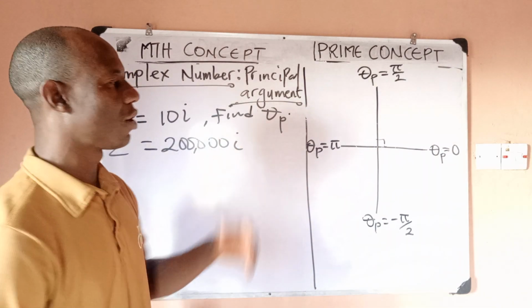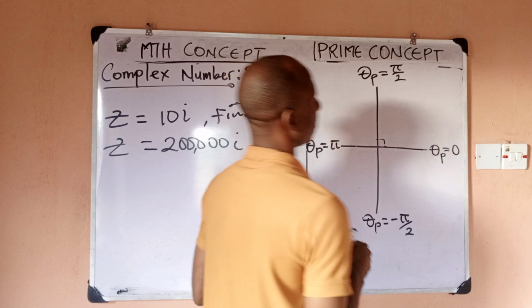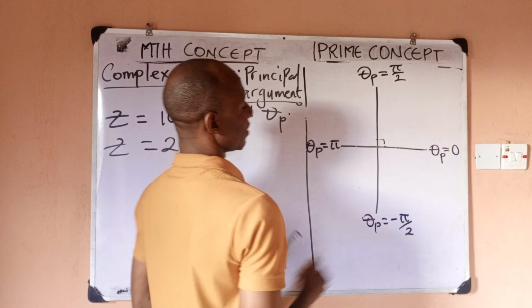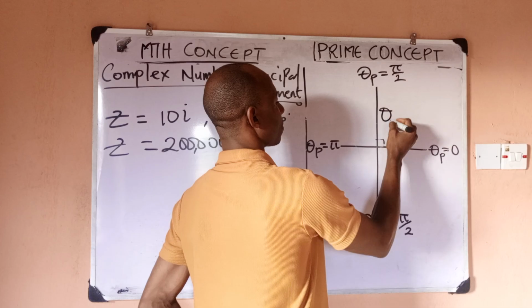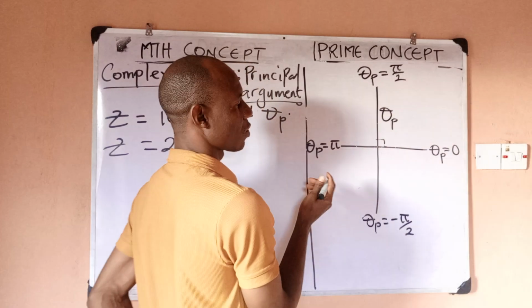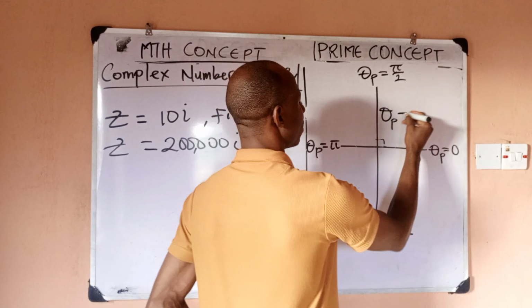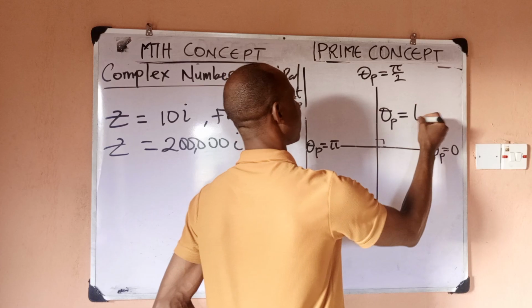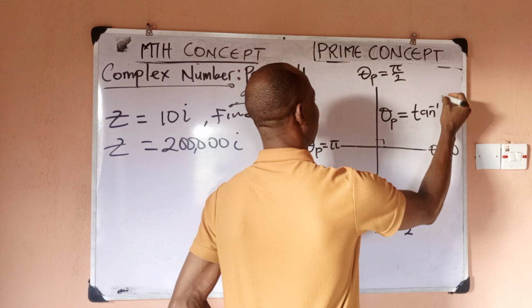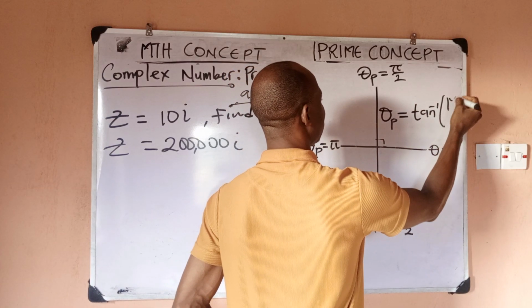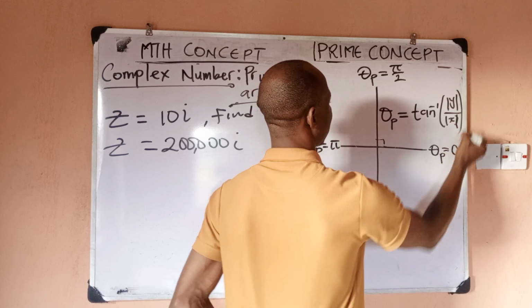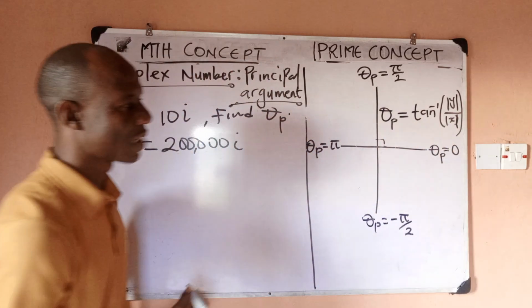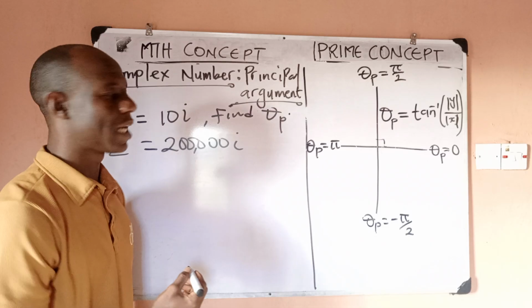Now let's see among these quadrants. So for the first quadrant, if your complex number lies in the first quadrant, then the formula to use would be principal argument equals tan inverse of the absolute value of y over the absolute value of x. So that is how to find the principal argument.